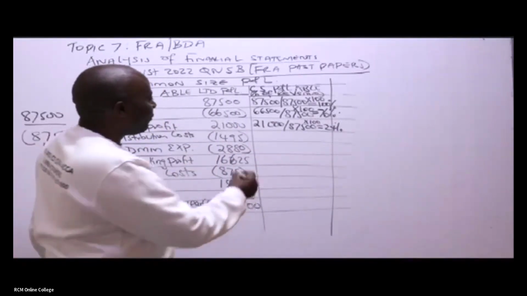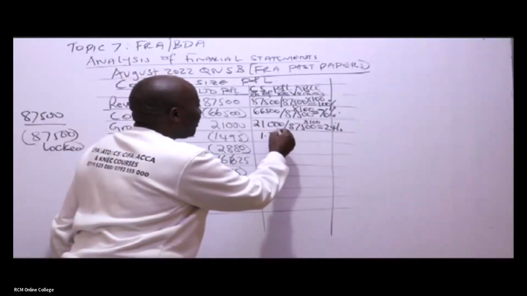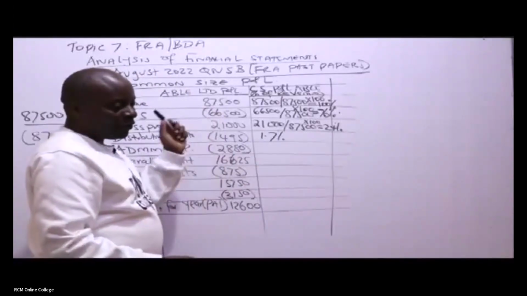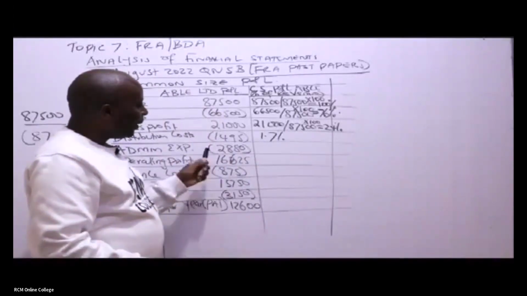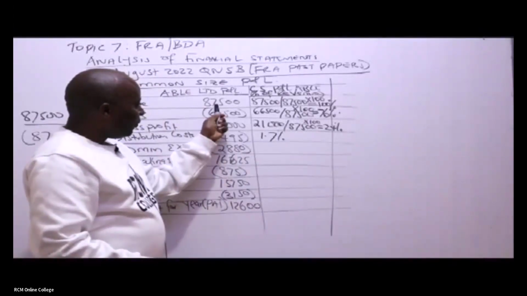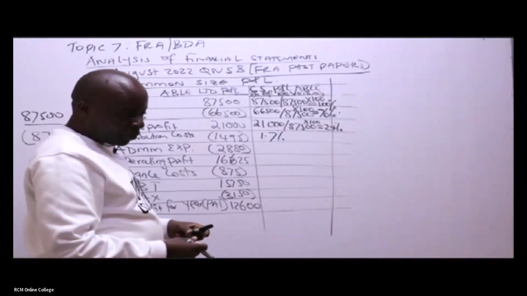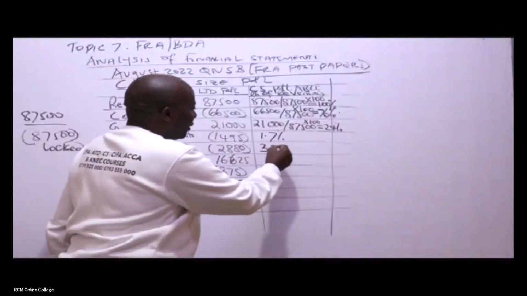So I'm being given 1.7%. Then 2880 divided by 87,500. What are we getting? 3.3%. Thank you very much.